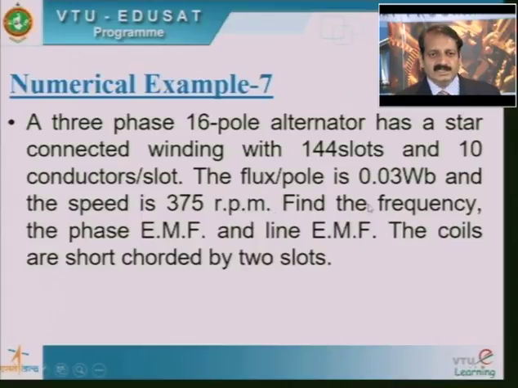Find the frequency, the phase EMF and line EMF. The coils are short chorded by 2 slots. So, this is the change. So, we need to know the coils are short chorded by 2 slots. The meaning of this is coils are short pitched by 2 slots.